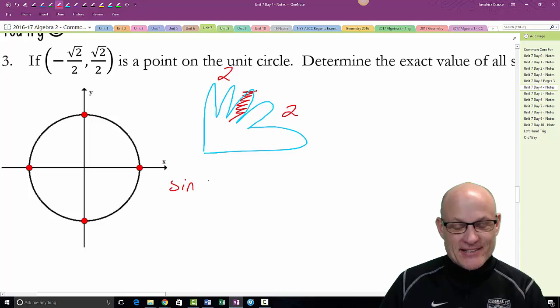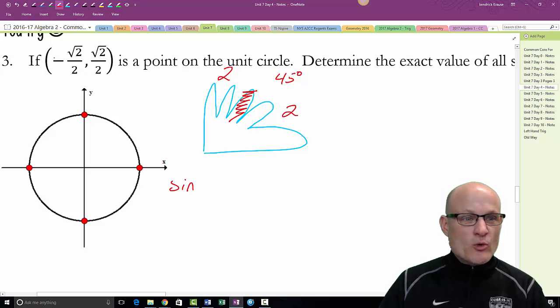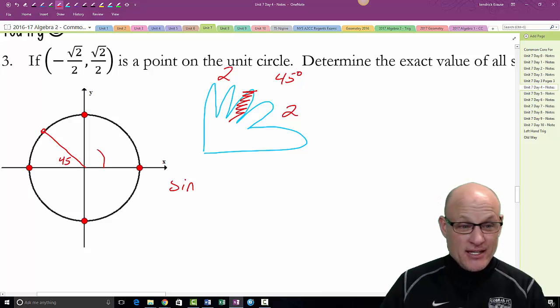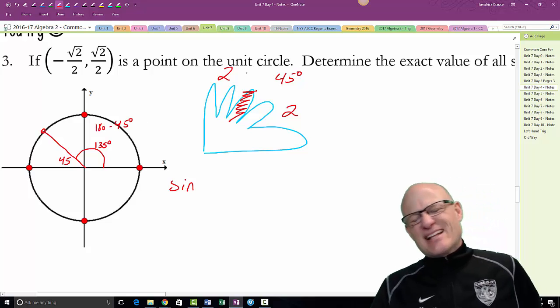So sine, you should know this is going to be a 45-degree reference angle. We are in the second quadrant because x is negative and y is positive. So this is 45 degrees. If they ever asked you what the angle was, it would be 135. That would be 180 minus the reference angle of 45 degrees. But that's not what they asked for.